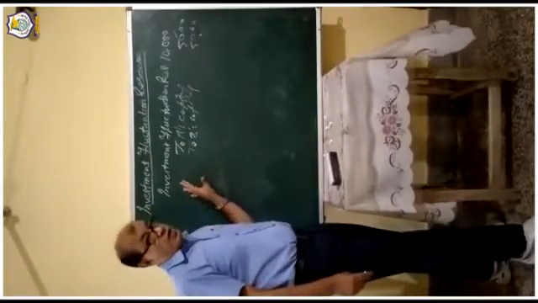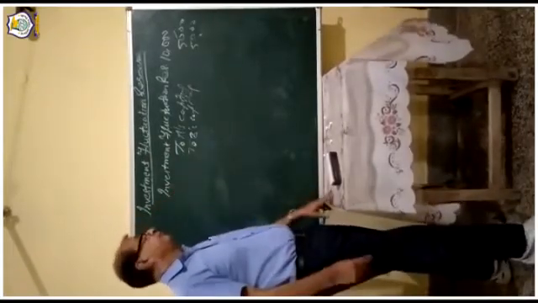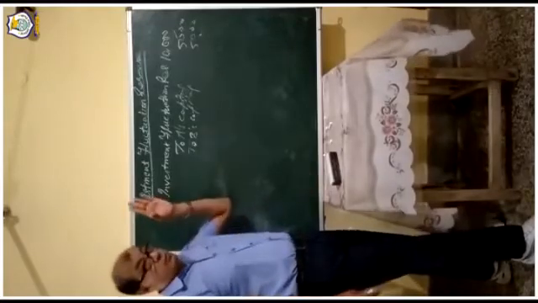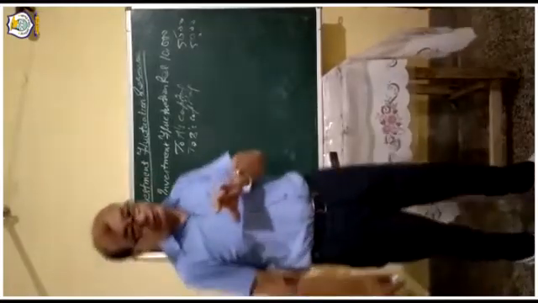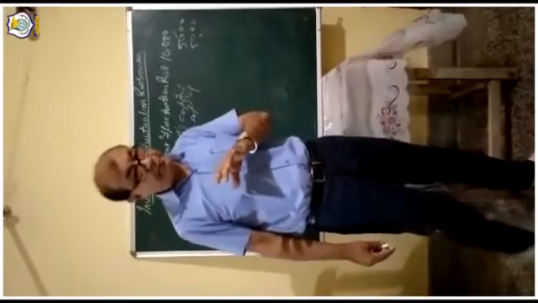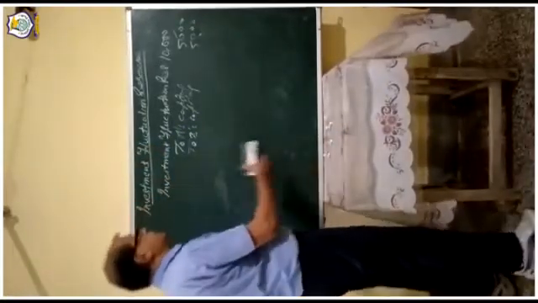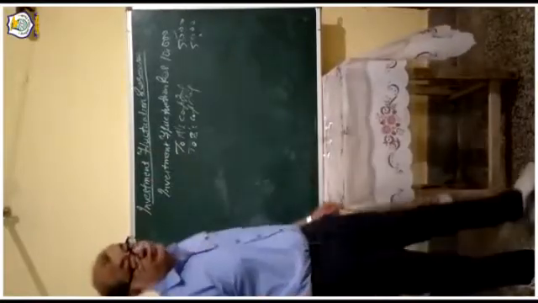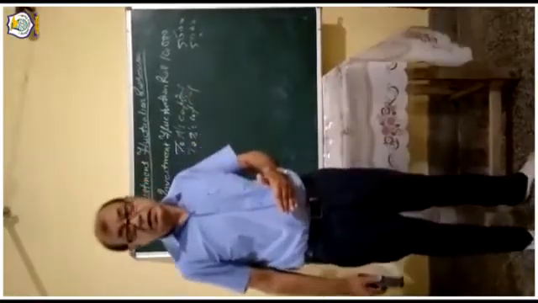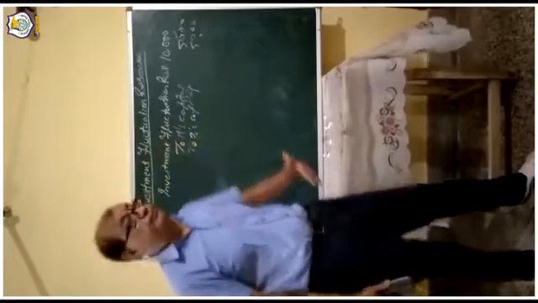And suppose, now pay attention, a fluctuation of 2,000 is there. A fluctuation of 2,000 means market value reduces by 2,000.